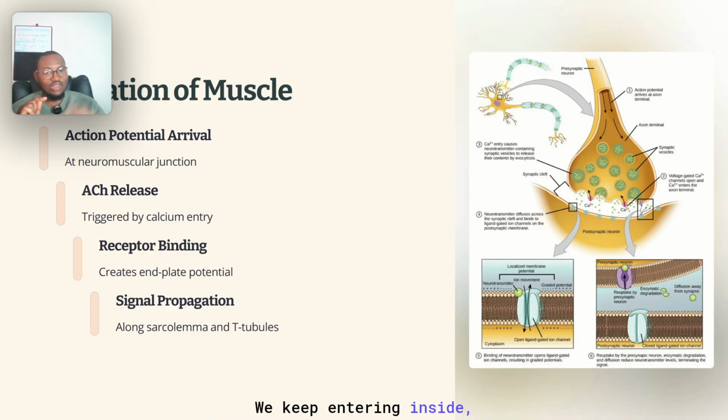So sodium, what do we do? We keep entering inside. Usually the resting membrane potential is around minus 90 mV. So when sodium starts entering, it will keep increasing toward positivity. Once it passes the threshold, what happens? Action potential occurs. Do you understand? Usually sodium enters, potassium goes out.